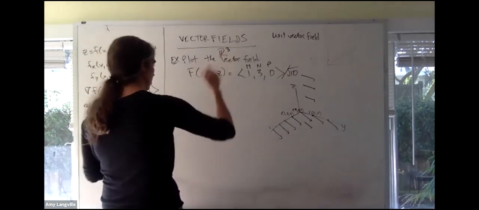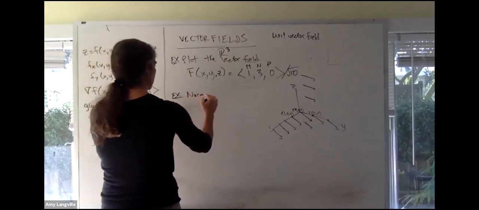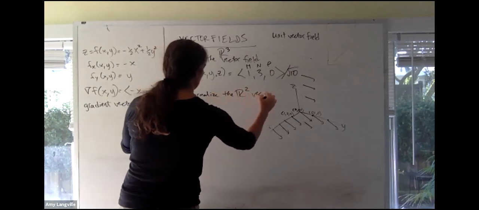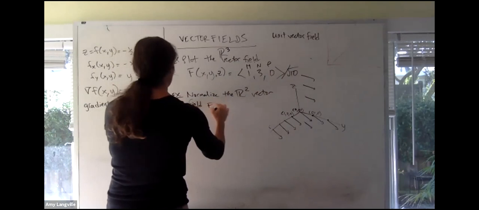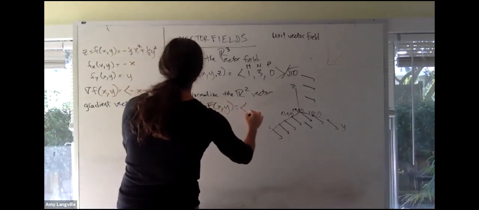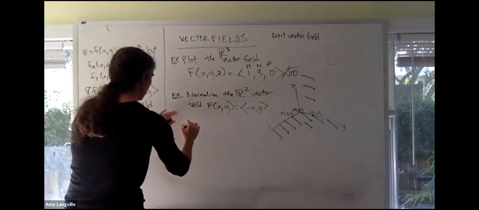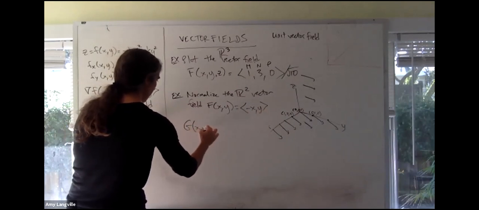Now, let's see, the other one we had up here, let's put the R2 vector field back. If I wanted to force it to be normalized, the other one we had was f of x, y. Two inputs create an R2 vector, which was minus x, y. If I wanted to normalize it, maybe I'll call this one g of x, y.